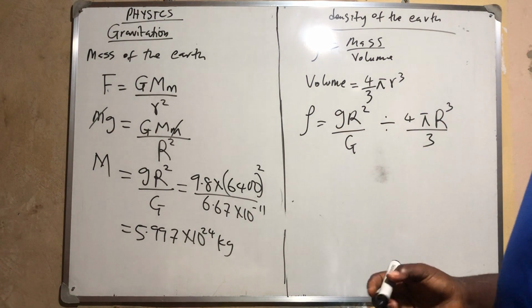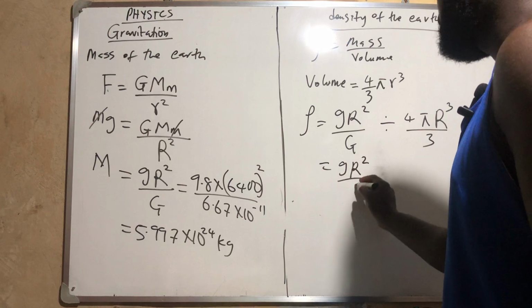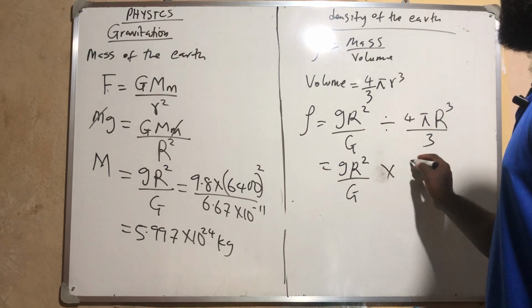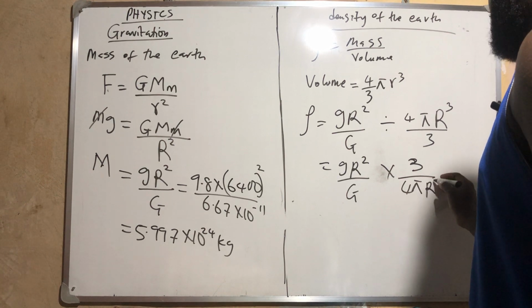So if I change division to multiplication, I'll be having g(r squared) all over capital G times 3 over 4 pi r cube.